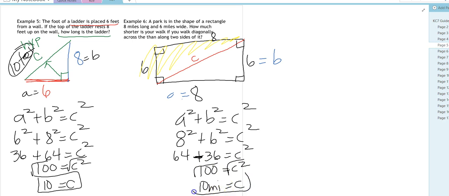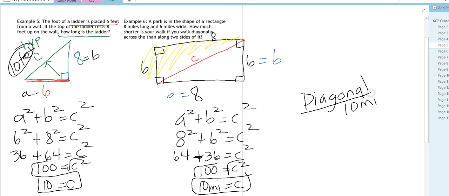But the question says, how much shorter is your walk if you walk diagonally across than along the two sides? So diagonally, we walk 10 miles. And then the sides, what do we walk?